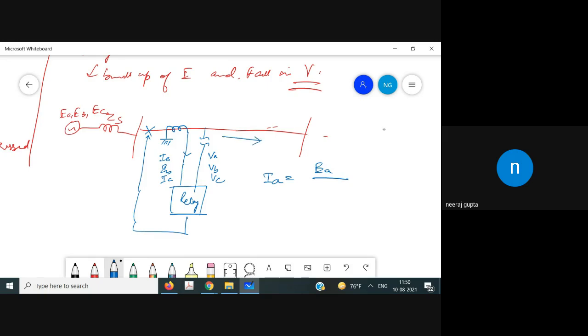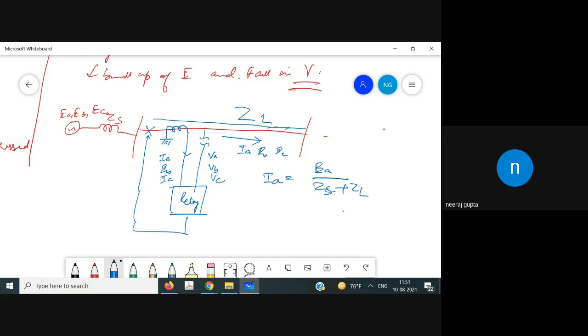This current flows through IA, IB, and IC under the normal condition.